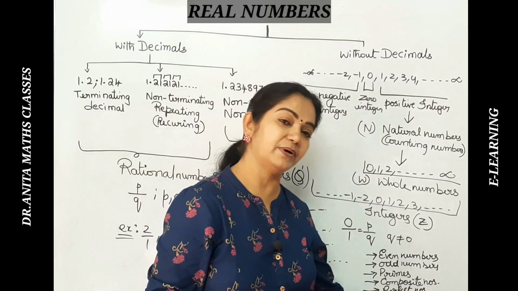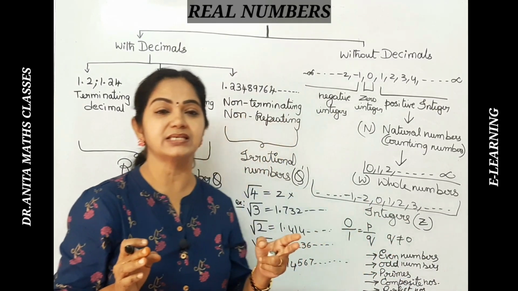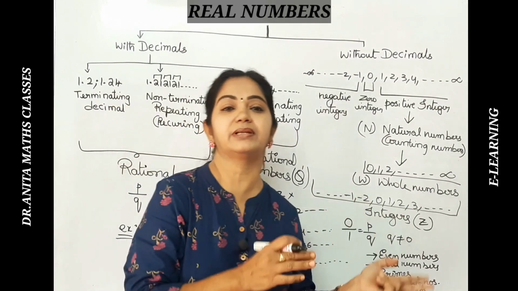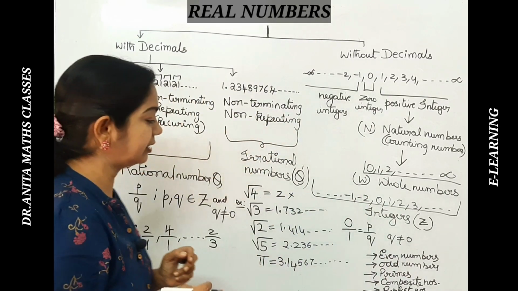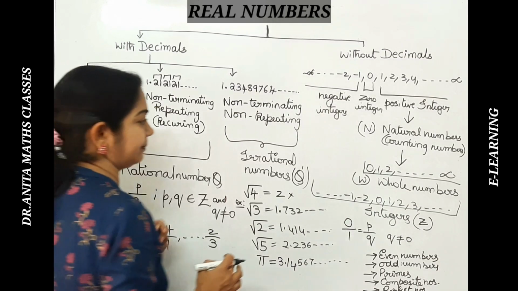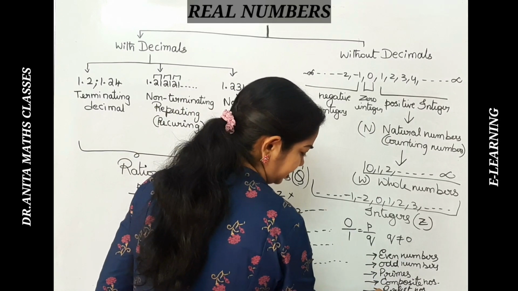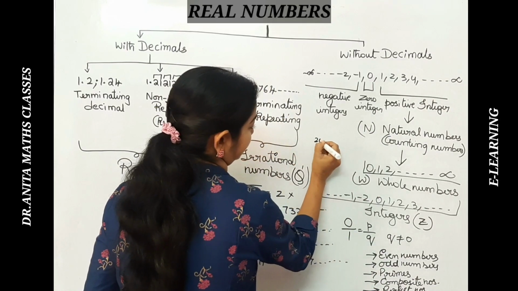Now, perfect numbers are the numbers for which the sum of the divisors is the number itself. If you take an example, suppose you take 20.